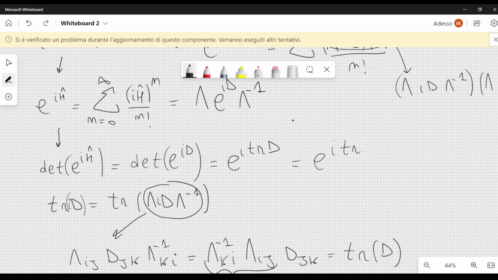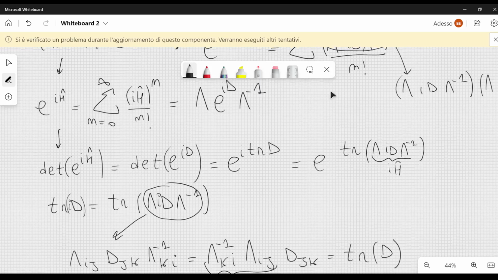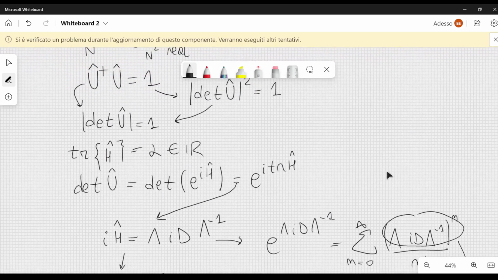So basically here you can write this as the trace of lambda iD lambda inverse, but this is just I, H, and I managed to prove this result, and this is equal to e to the I alpha from here, and alpha is a real quantity. So the determinant of u can be written like this.